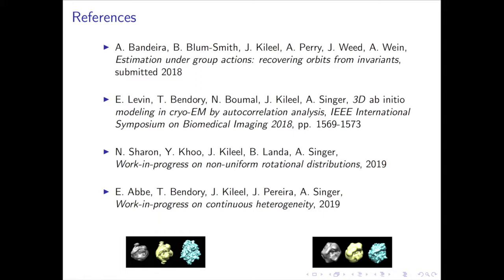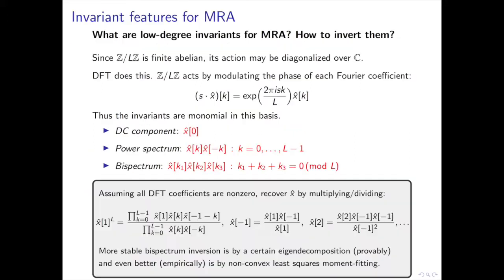So not for cryo-EM, no. For MRA, I just showed you this way to multiply and divide invariants. So back here, that's an algorithm that works in the noiseless case. You can plug in noisy moments.